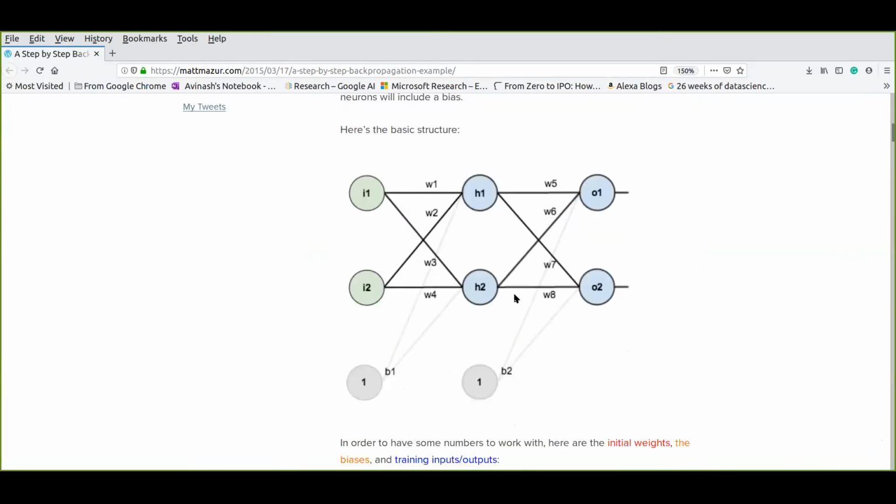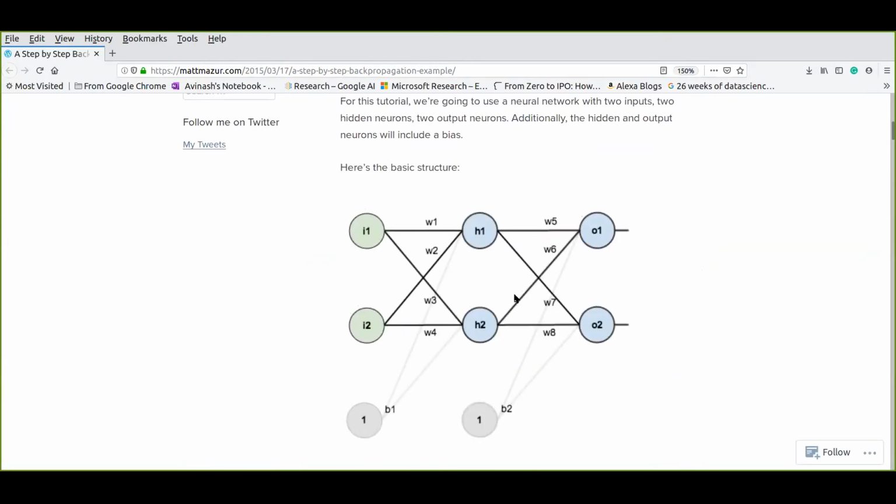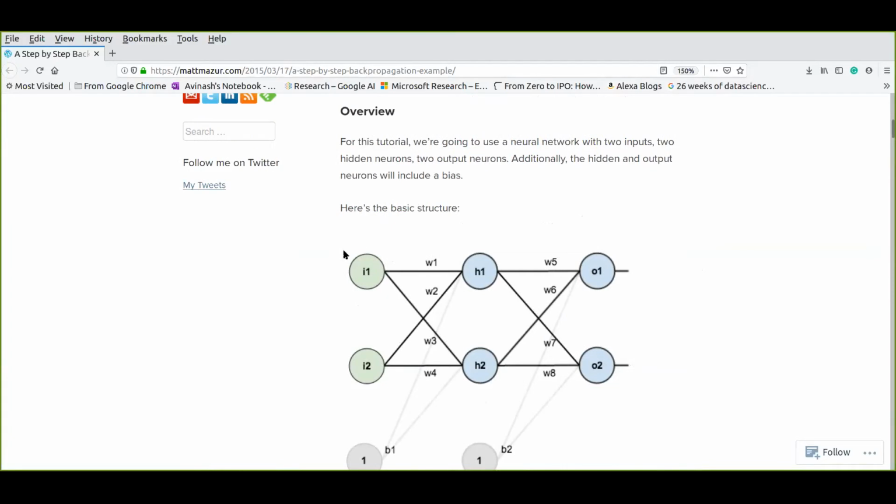So here what we have is a very simple neural network. We have I1 and I2 at the input layer, so we have an input layer with 2 neurons, and we have one hidden layer, H1 and H2.